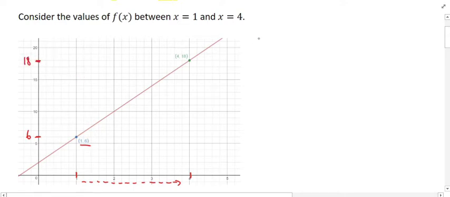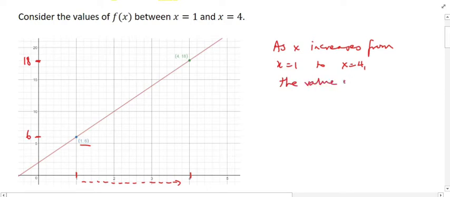So immediately what we can see is, as x increases from x = 1 to x = 4, the value of f(x) increases or changes from 6 to 18. So between 1 and 4, we have all these different values of the function.